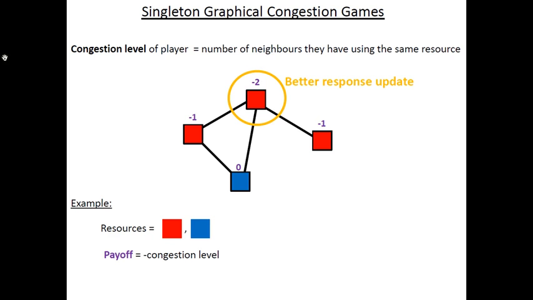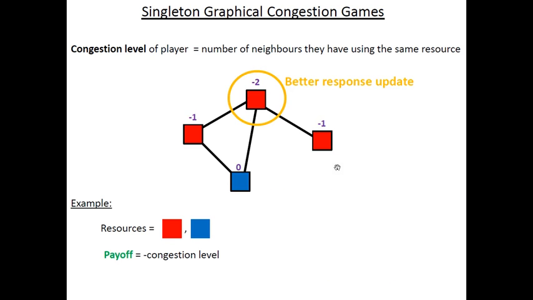Also, note that these systems are so-called singleton graphical congestion games. What does the word singleton mean here? It means that these players are only using one strategy at one resource at any given time. Later we'll consider generalizations of that idea, but for now we're just assuming that these players can use single strategies at a given time.